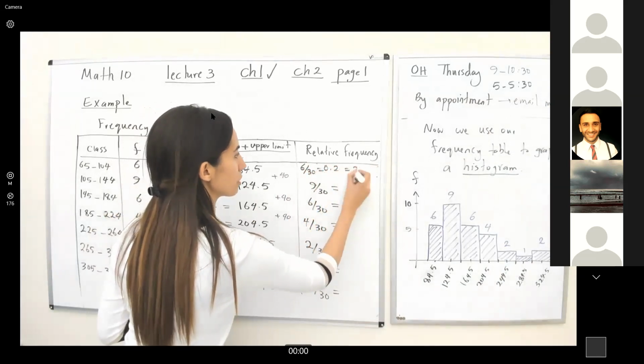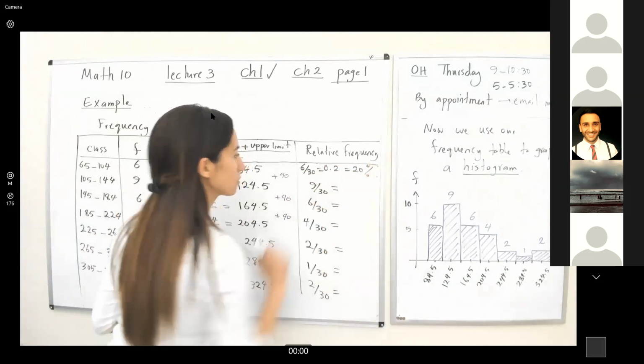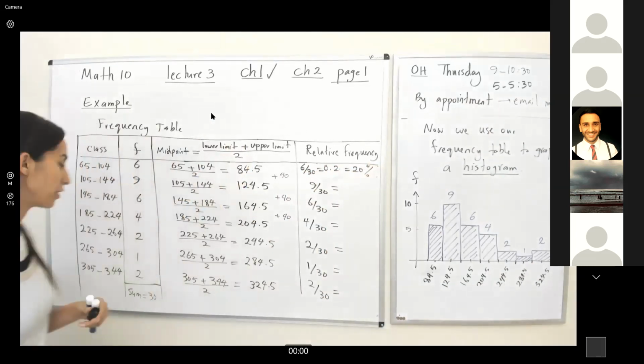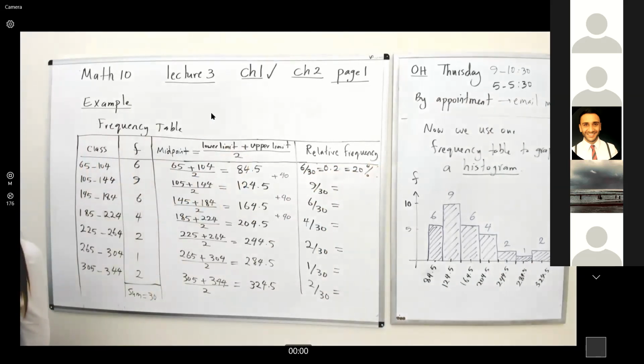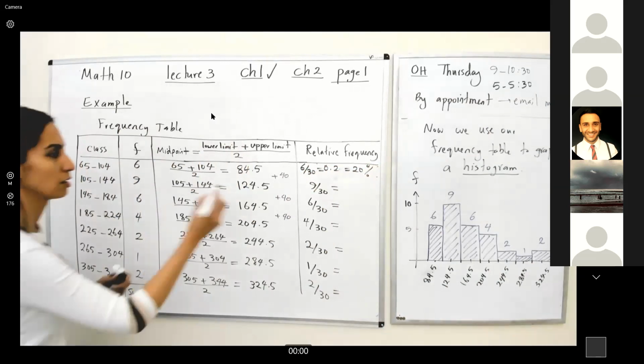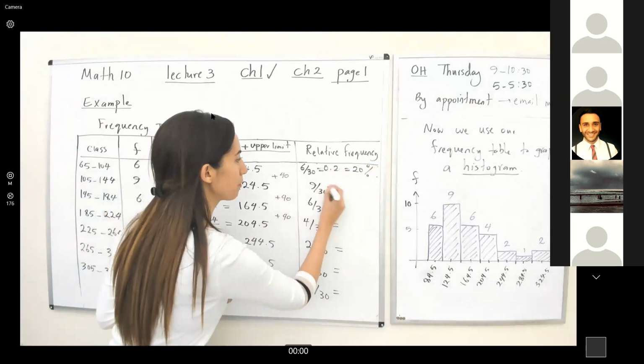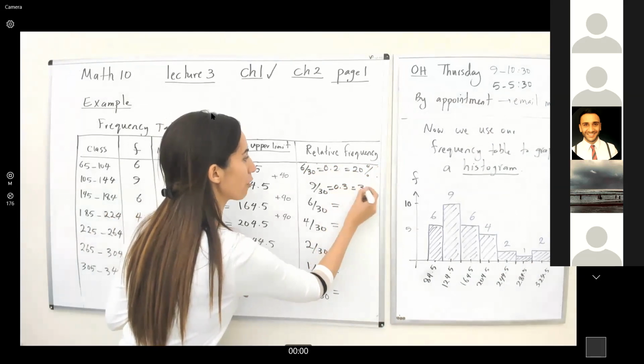Or 20%. How about 9 divided by 30? 9 divided by 30 gives you 0.3 or 30%.